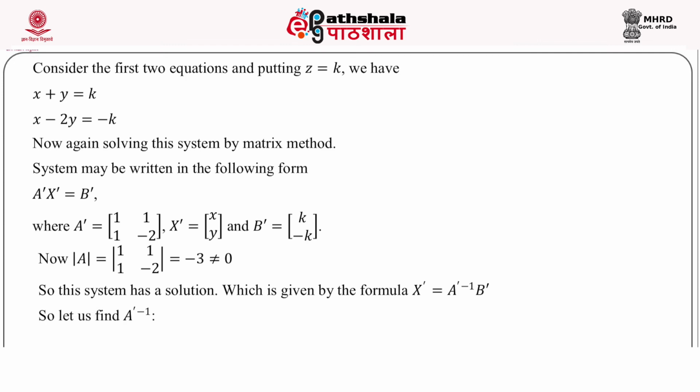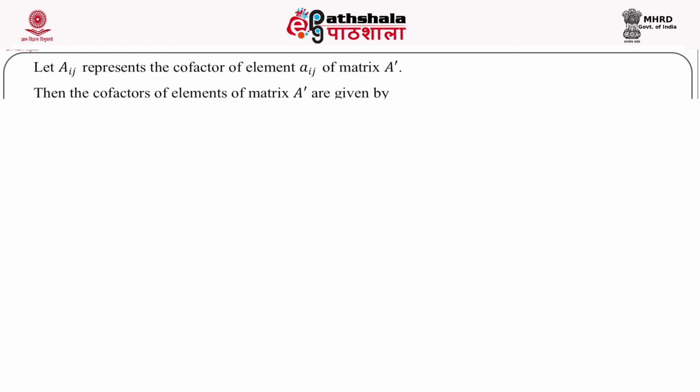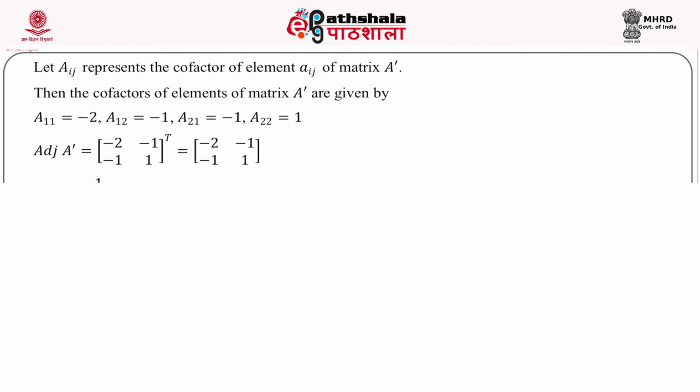So let us find A dash inverse. First of all, find the adjoint of A dash, which is given by this matrix. Now A dash inverse is given by this relation, which is 1 by determinant of A dash into adjoint of A dash. So A dash inverse is this matrix.